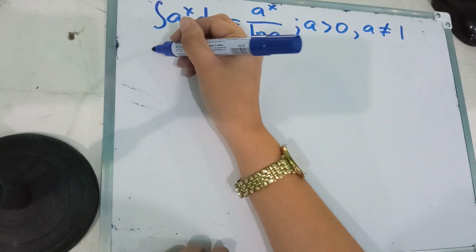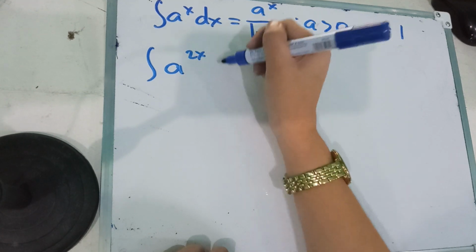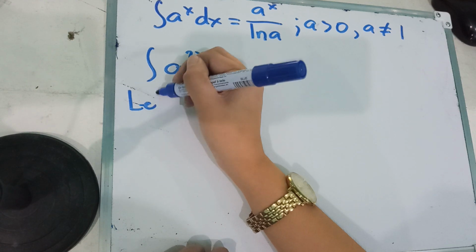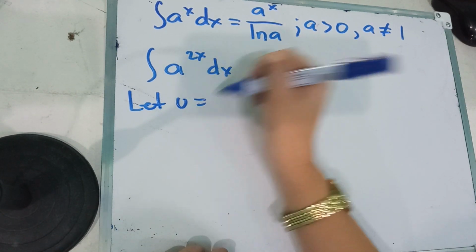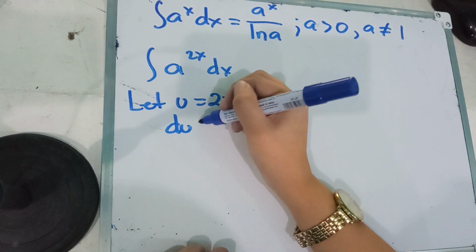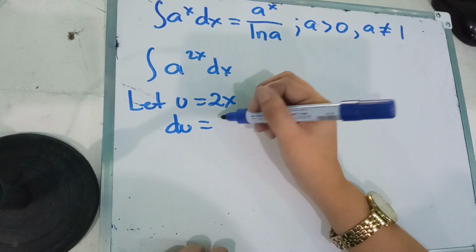So let's have the integral of a to the power of 2x dx. Now still applying u substitution, let u be equal to 2x, and du is 2 dx.